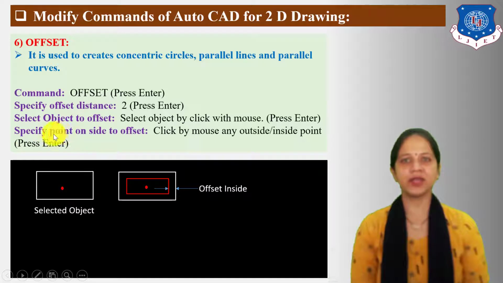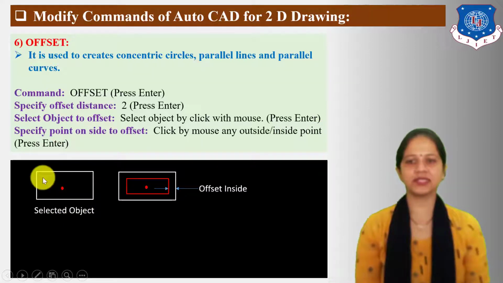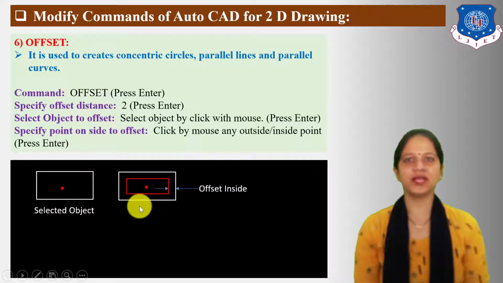Next statement displayed on the command bar is specify point on side to offset. Click by mouse any outside or inside point, then press enter. Here you can see this is the existing or selected object, which is a rectangle, and this is the final object after applying the offset command.